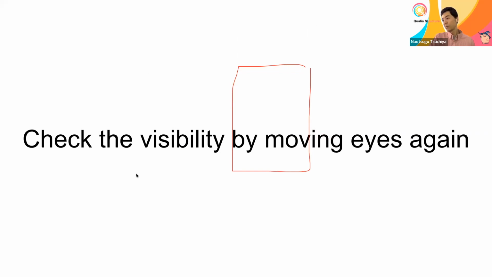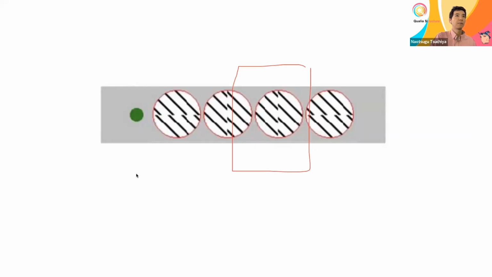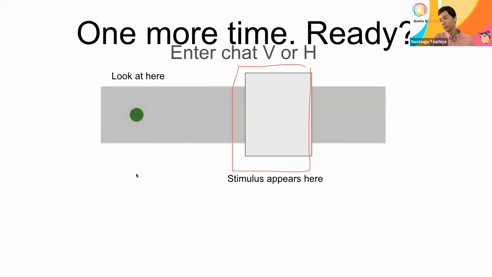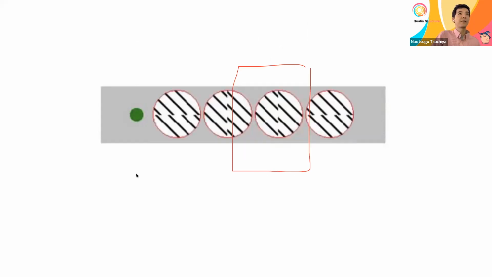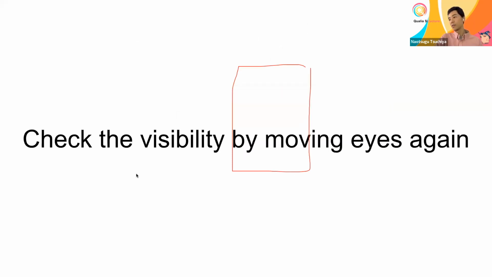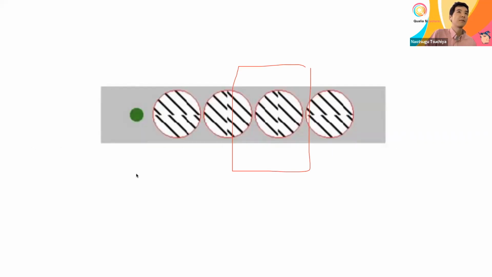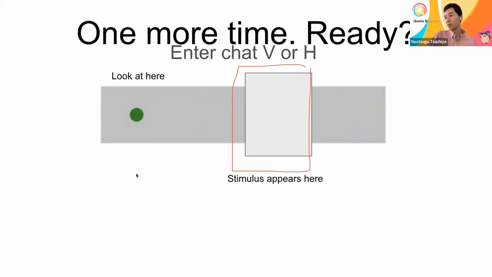V or H. Okay, one more time. 3, 2, 1. If you just can't see it, can't see is also fine. Okay, Chin says can't see.